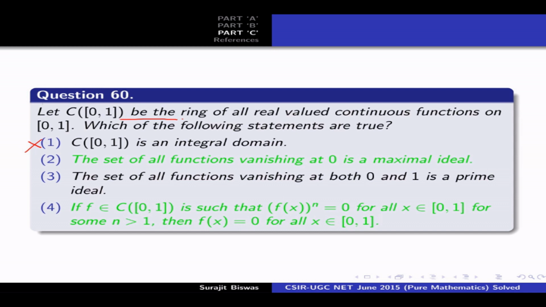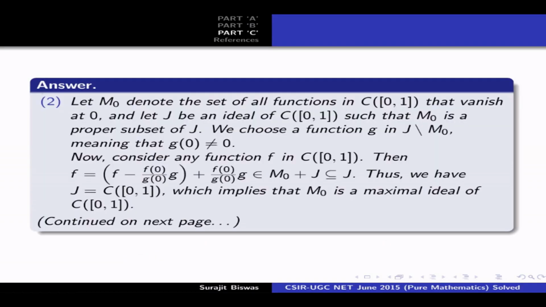Second option, the set of all functions vanishing at 0 is a maximal ideal. So this is correct. Why? Let M0 denote the set of all functions in C[0,1] that vanish at 0, and let J be an ideal of C[0,1] such that M0 is a proper subset of J. We choose a function g from J minus M0, meaning that g(0) is not equal to 0. Now consider any function f in C[0,1].